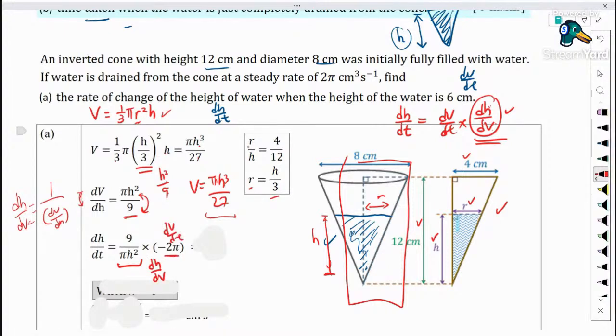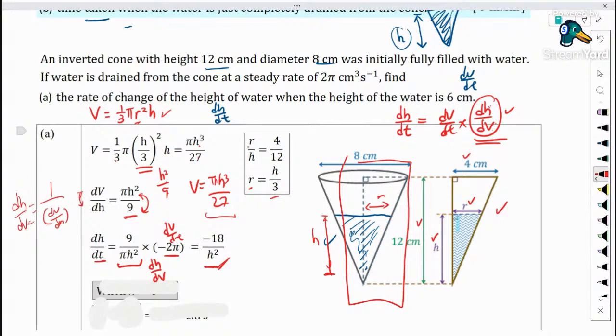Again, just now I said, how come that is negative? Because if V is the volume of the water in the container, from time to time the volume is decreasing. So it's a minus sign. So I have my dH/dt as the following: negative 18 over h squared. And from here, what you can see is that the rate of change of the height is not the same all the time. At different moments, it will have a different rate.